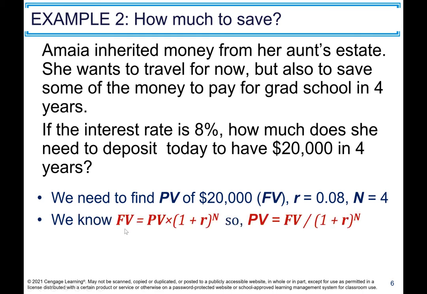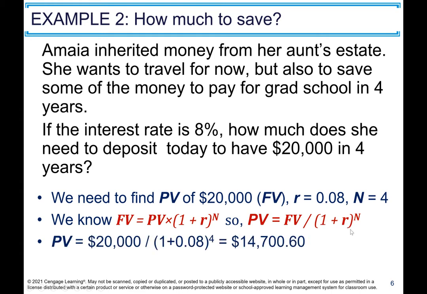We know the formula. Future value, or FV, is equal to PV times (1 plus r) raised to power n. So present value equals future value over (1 plus r) raised to power n.